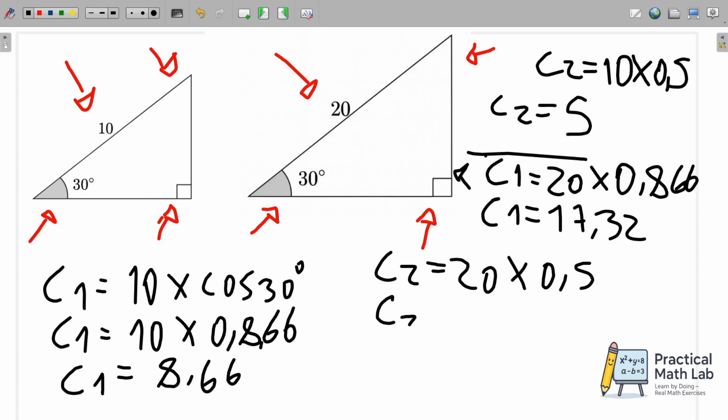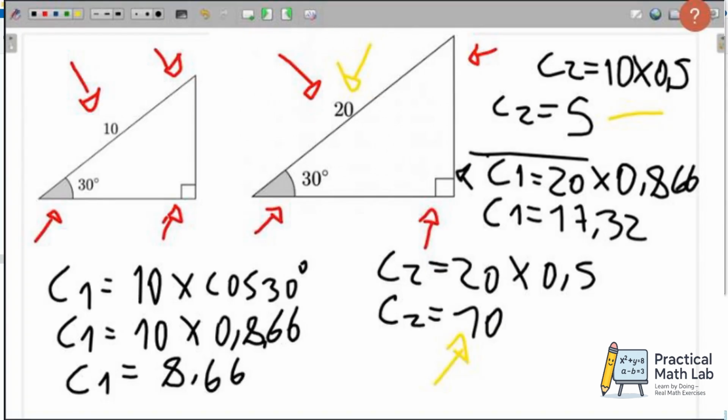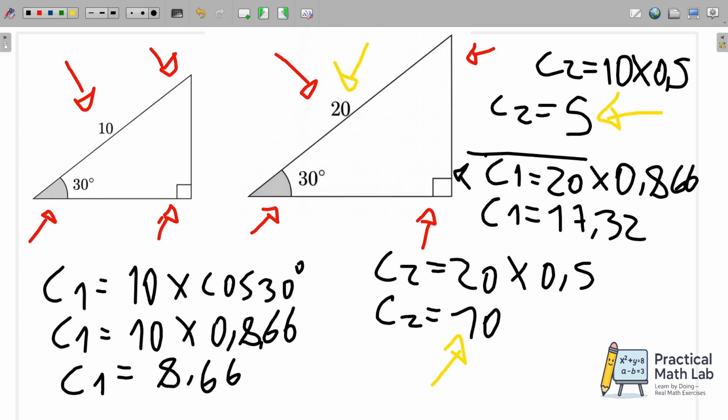So the opposite leg is equal to 10. I noticed it's exactly double. The hypotenuse is double the first one, and the opposite leg is also double. Here it's 10, here it's 5, and the adjacent leg is also double. 17.32 here and 8.66 there.